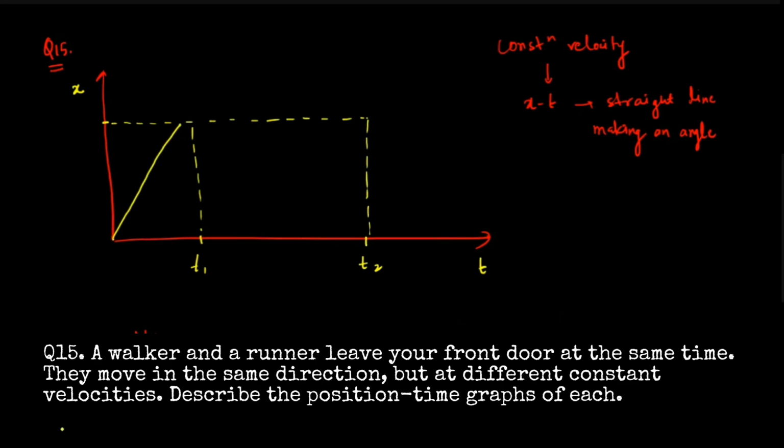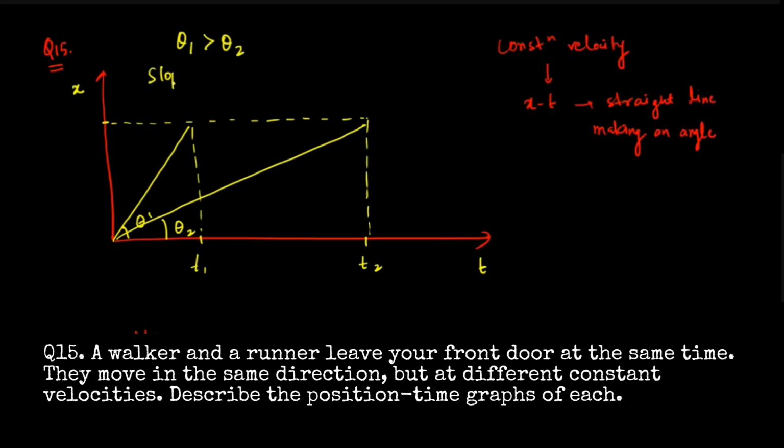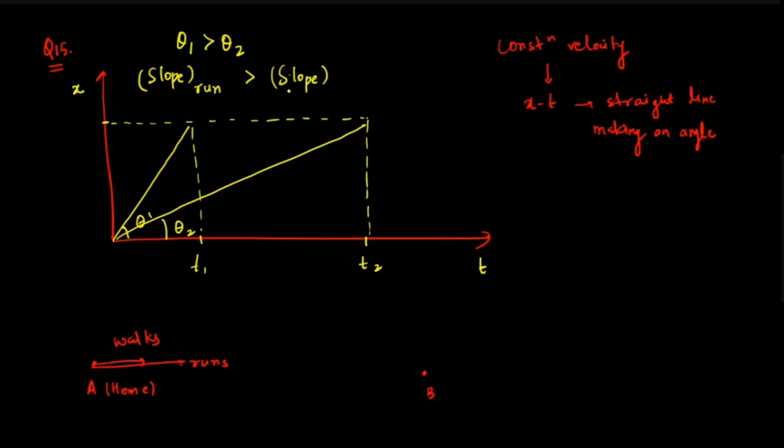If it has reached quickly, it must have higher velocity, and higher velocity is represented by more angle. So it is going to be more, whereas it is going to be lesser angle for the other. So here you will mention that theta 1 is supposed to be greater than theta 2, as theta 1 will give us the slope for the runner, and theta 2 will give us the slope for the walker.